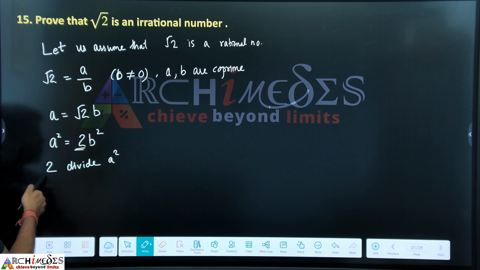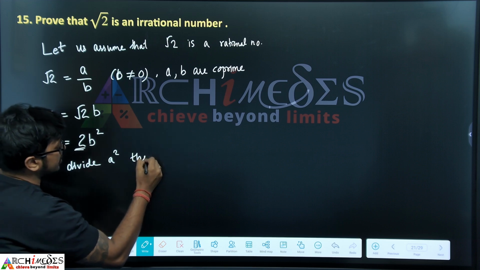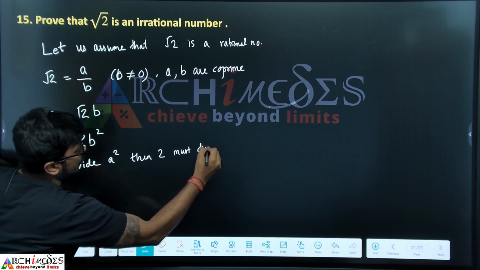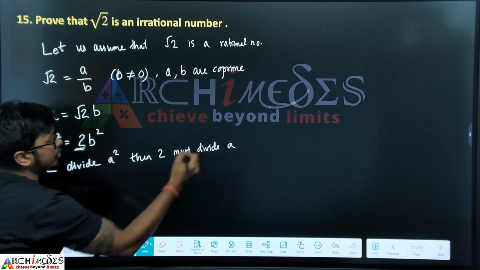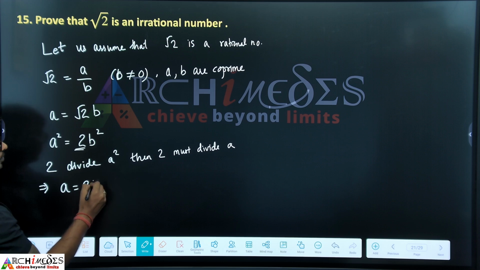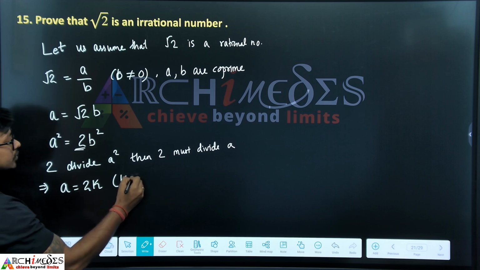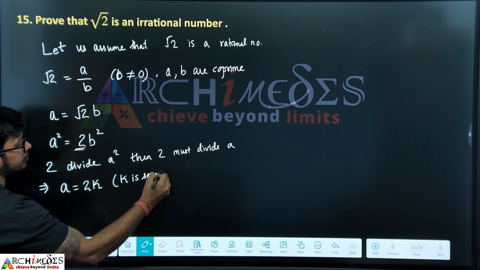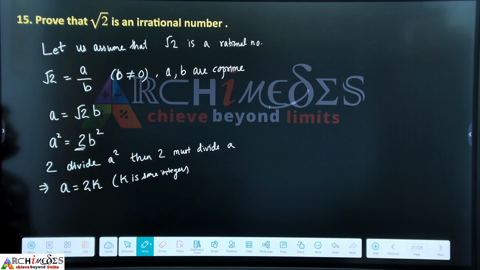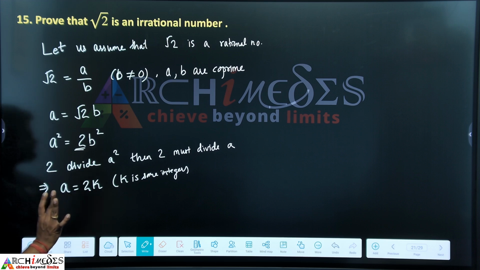And since 2 is prime, and I have given you a note that if p divides a square, then p must divide a, then 2 must divide a. If 2 divides a, can we say that a has a factor 2? Do you understand? If you don't understand, tell me, because this question will come. √3, √5, √7 come every year. Clear? Did you understand up to here, that a has the factor 2?